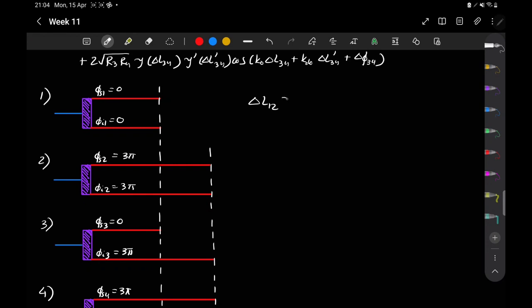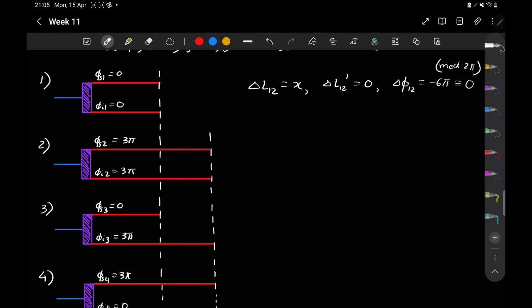Between 1 and 2, delta L is x. Delta L prime is 0. And delta phi is minus 6 pi, which is equivalent to 0 when you take mod with 2 pi. So all the phases we need to consider mod with 2 pi.